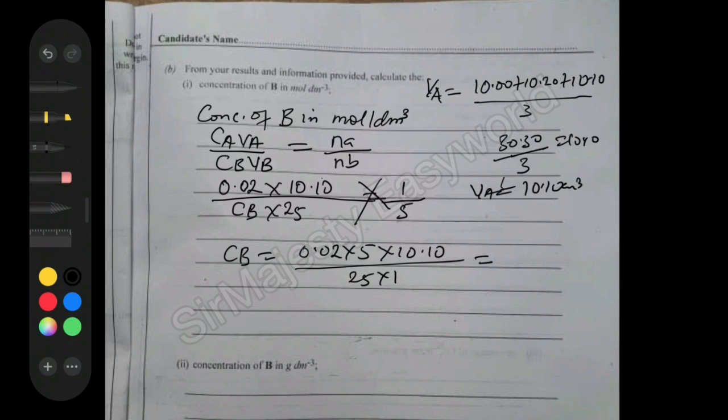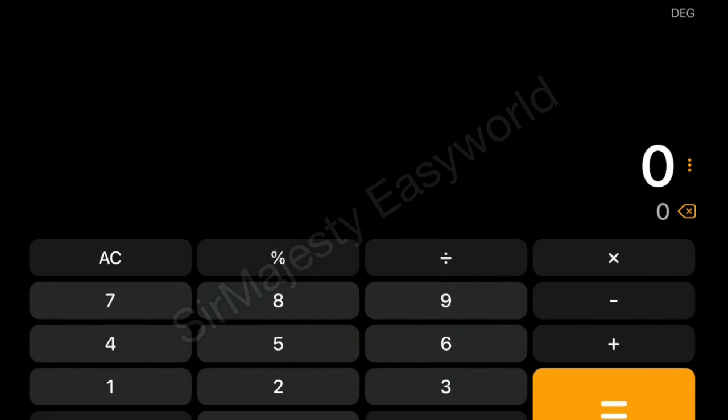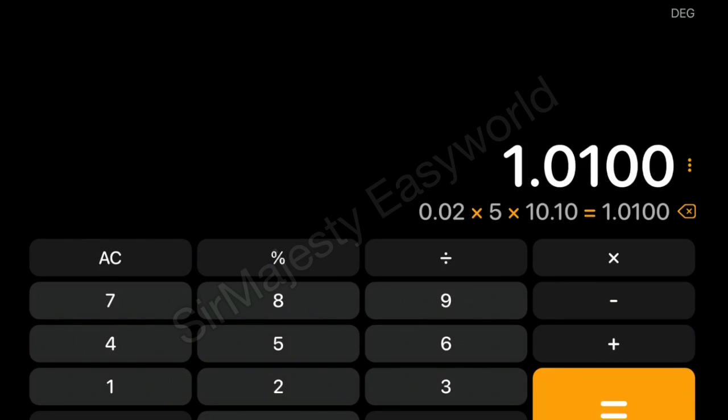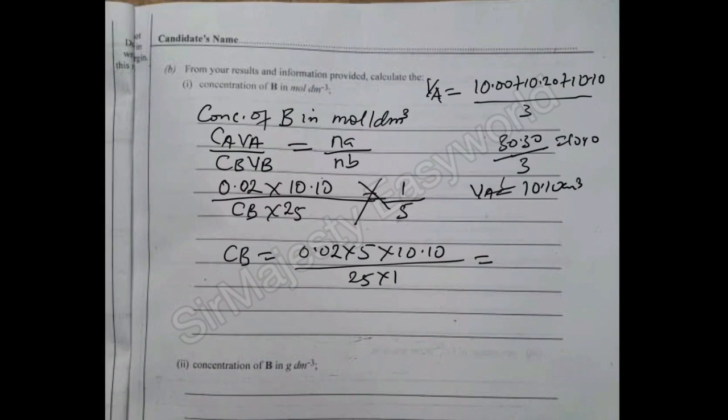So we will go to the calculator department. 0.02 times 5 times 10.10 will give us 1.0100.